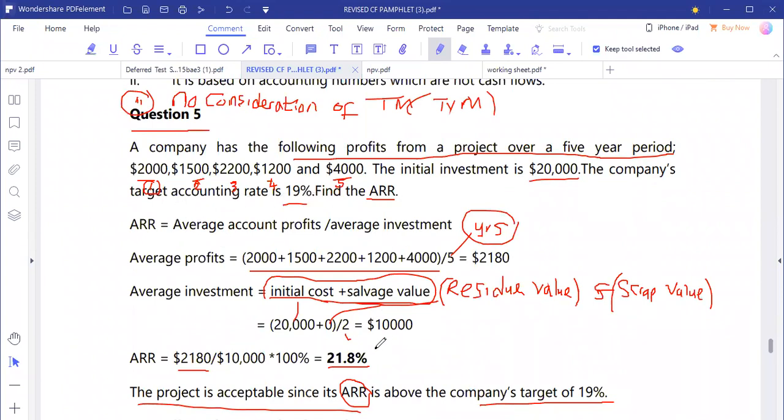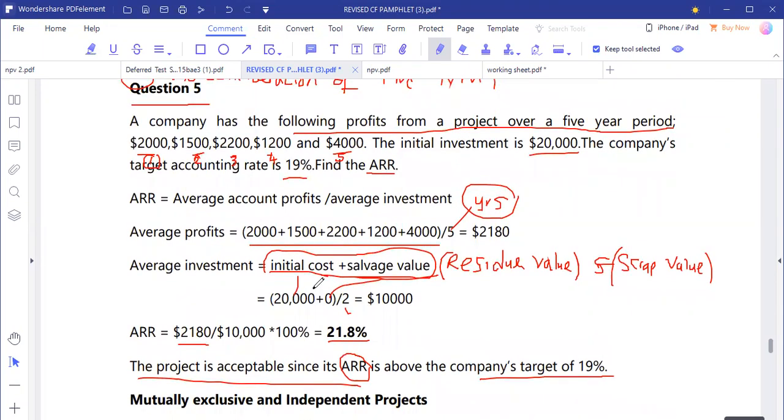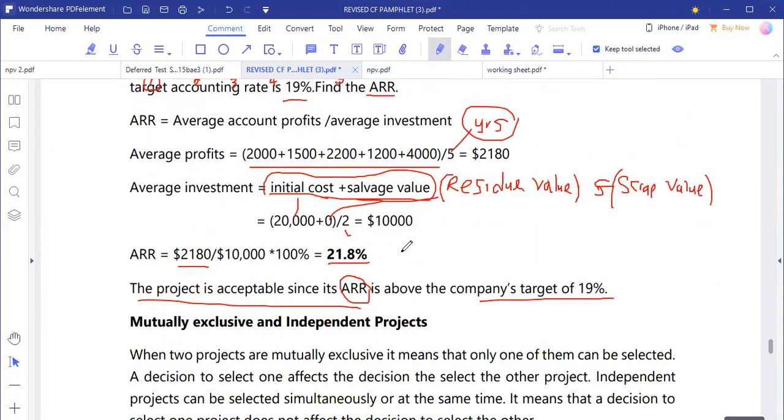So what we have found is above our target. So we can go ahead and accept this project. Otherwise, if we found anything less than the 19% target for the company, we would have rejected the project, meaning that we wouldn't have gone further to invest in this project. So this is about the accounting rate of return.